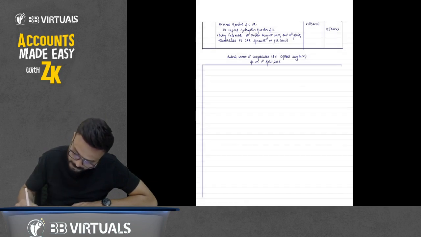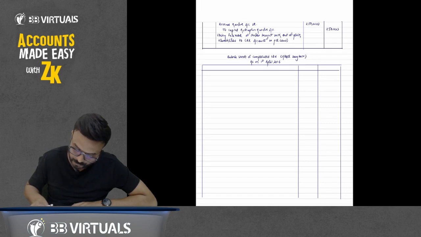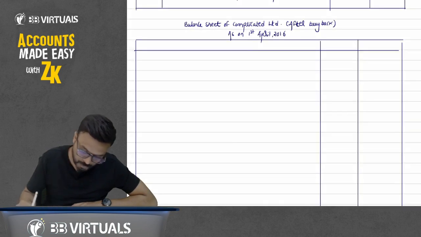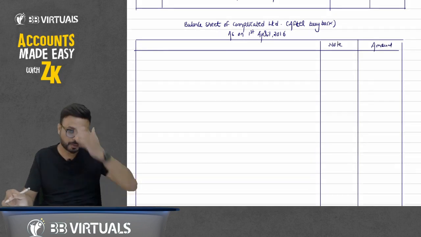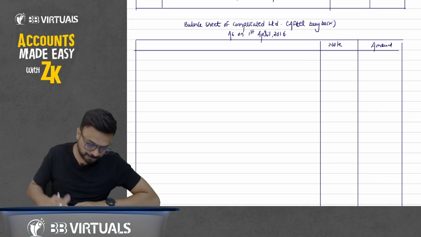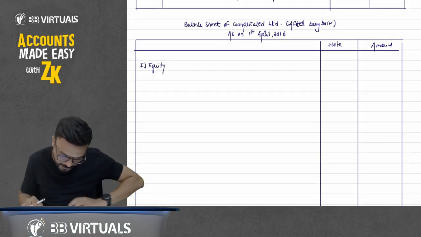Okay, write down there note, amount. So here, first equity and liabilities.